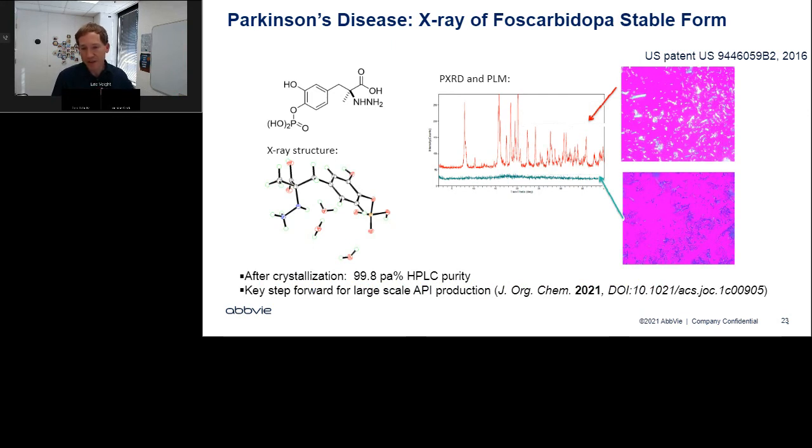This turned out to be a stable crystalline trihydrate form in very high purity. So this was a big step forward for considering this as a development candidate, and it encouraged us to consider the possibility of large-scale API production. And there's a lot more detail in this recent JOC paper that was just published.